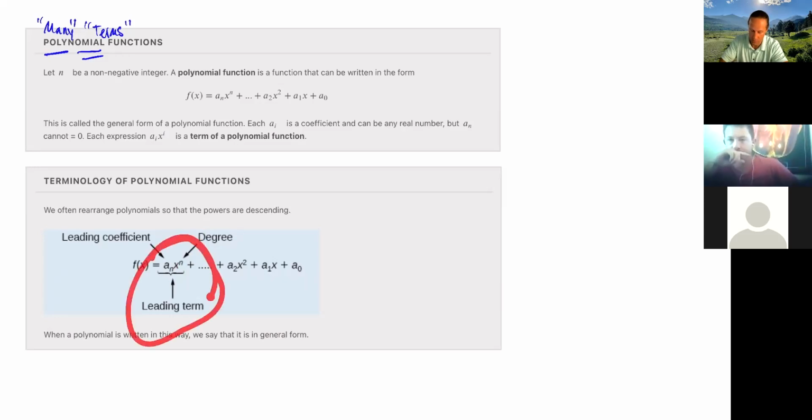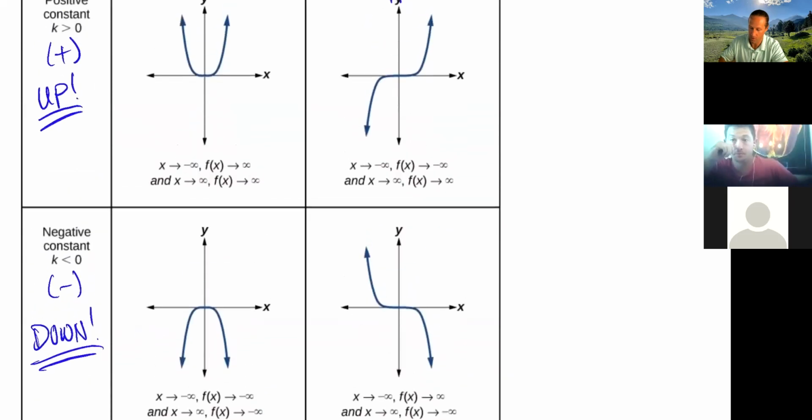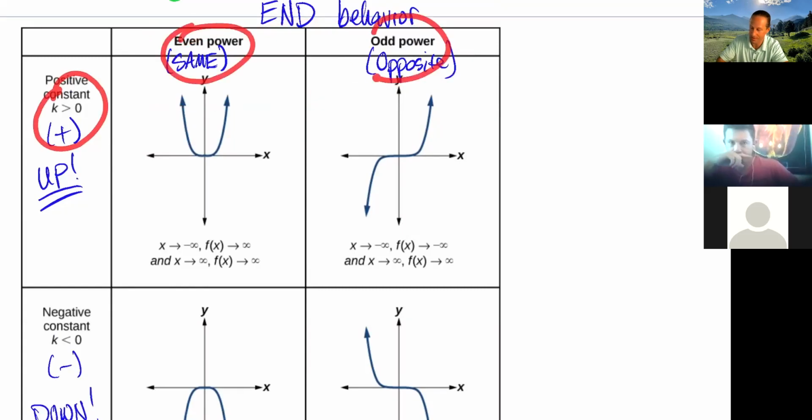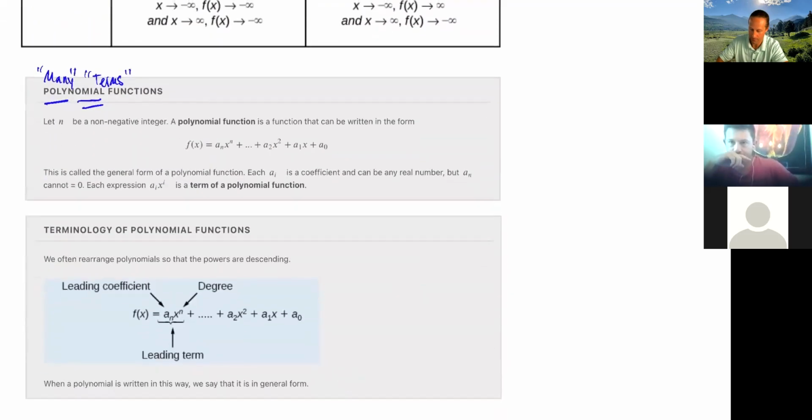And why are they just focusing on this first thing? Because all the rest of this can change, but this right here tells us a whole lot. Not only the number in front, but whether it's an even or odd power.